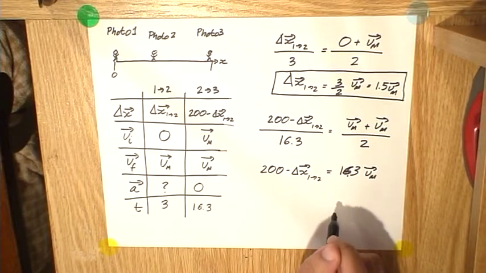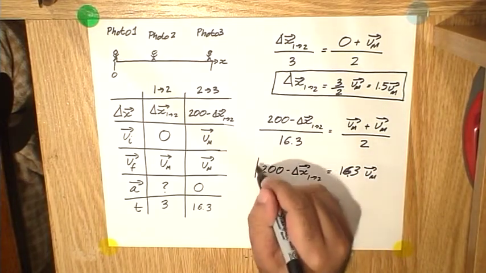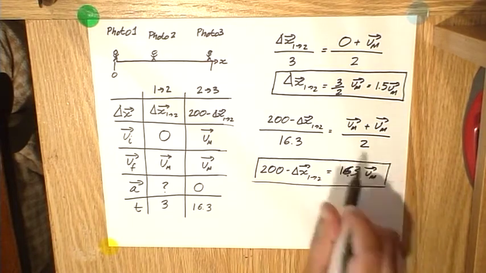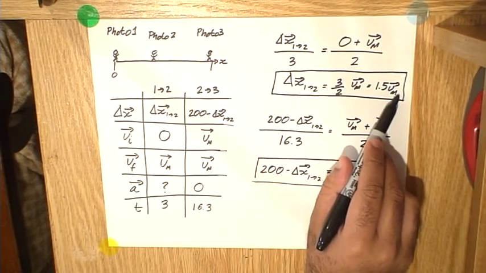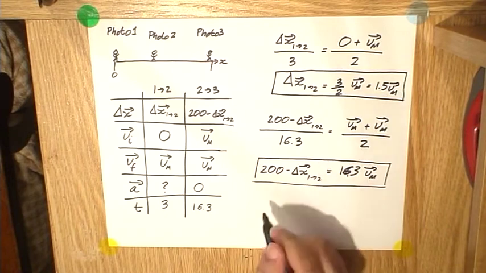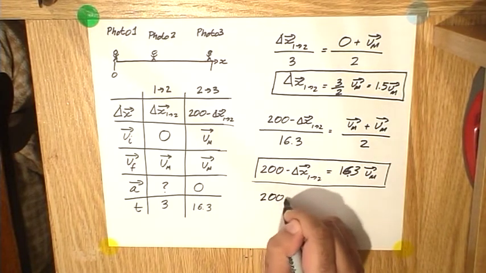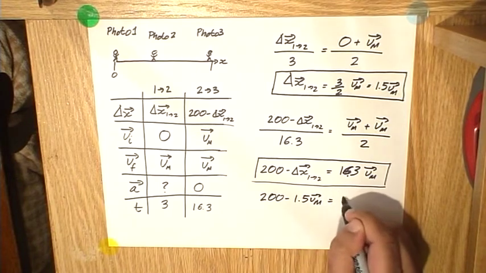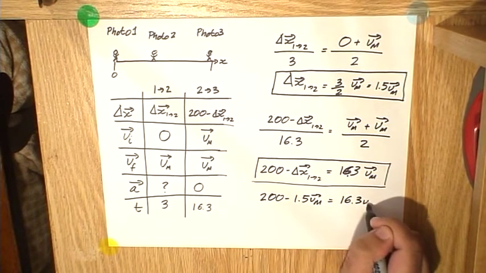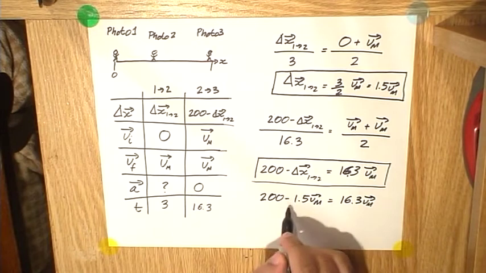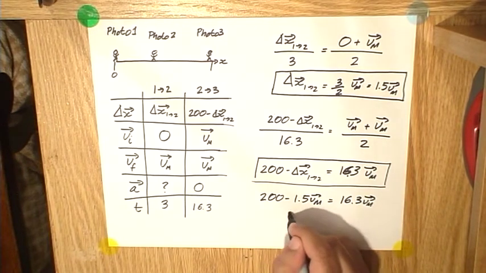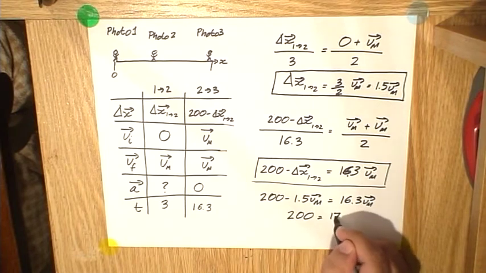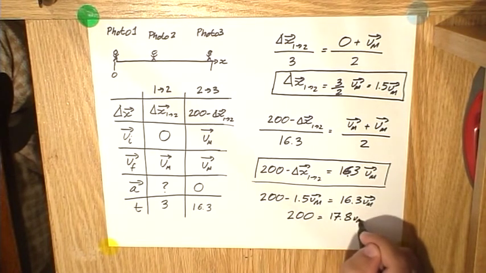Now, I happen to know from this first equation that delta x 1 to 2 is equal to 1.5 Vmax. So let me take this and plug it in over here. 200 minus 1.5 Vmax is equal to 16.3 Vmax. Now, add 1.5 Vmax to both sides. I get 200 is equal to 17.8 Vmax.